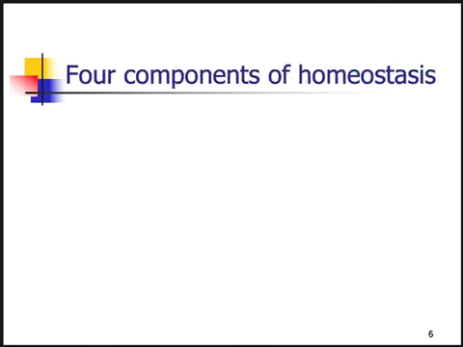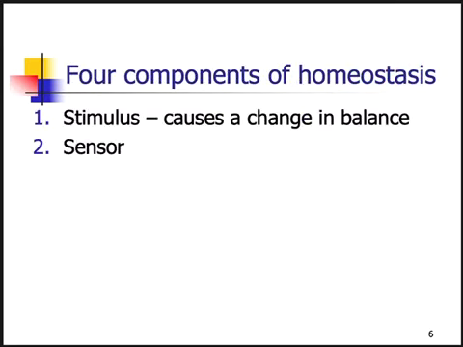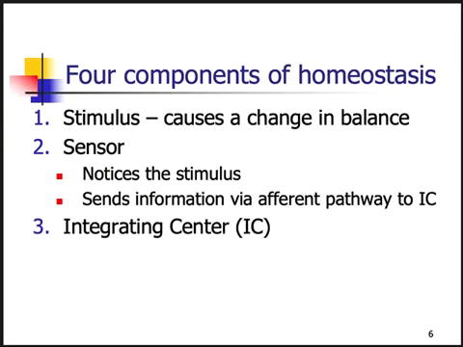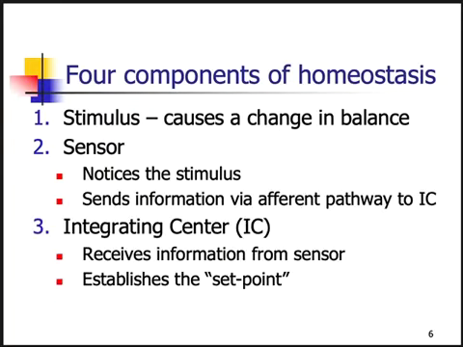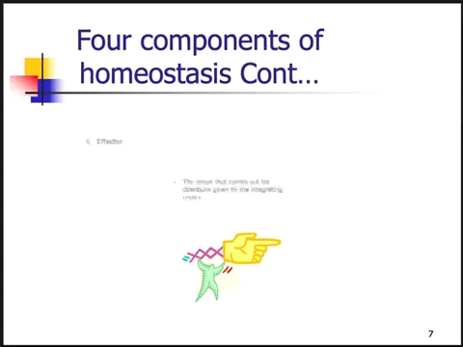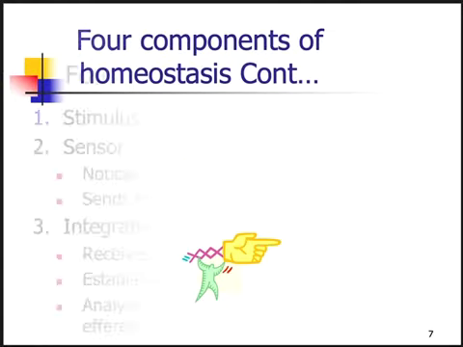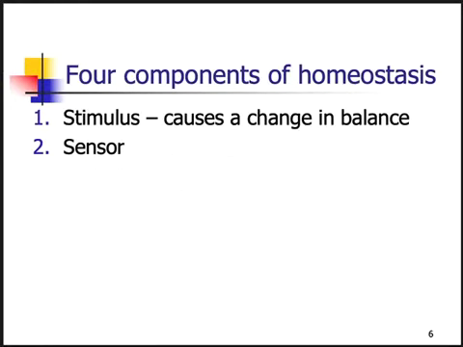There are 4 components. These components are a stimulus, a sensor, an integrating center, and an effector. Okay, so now I'll go back and talk about these, but I wanted to give you an overview. Okay, so stimulus.